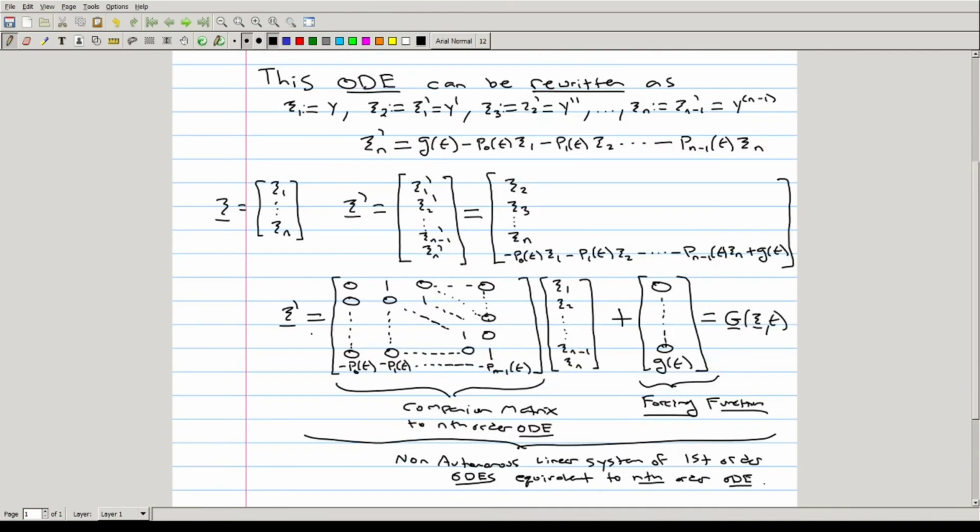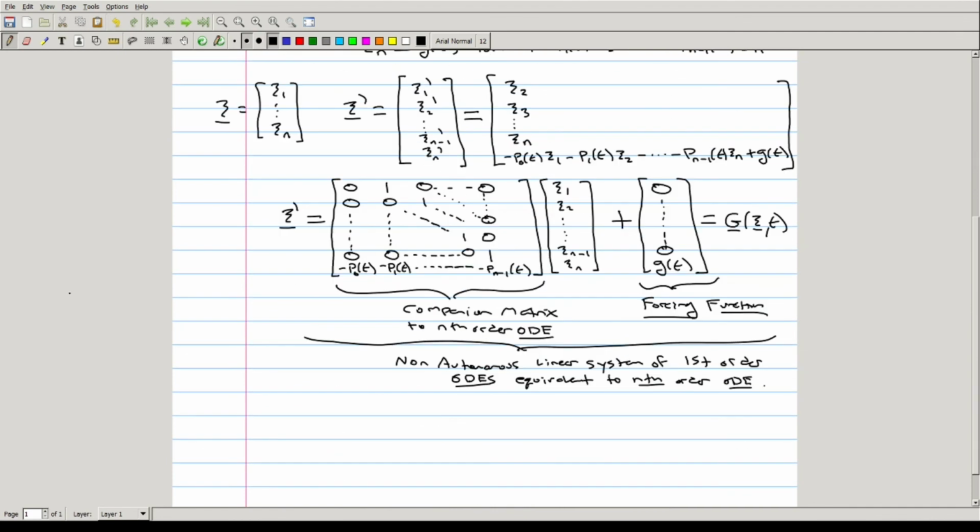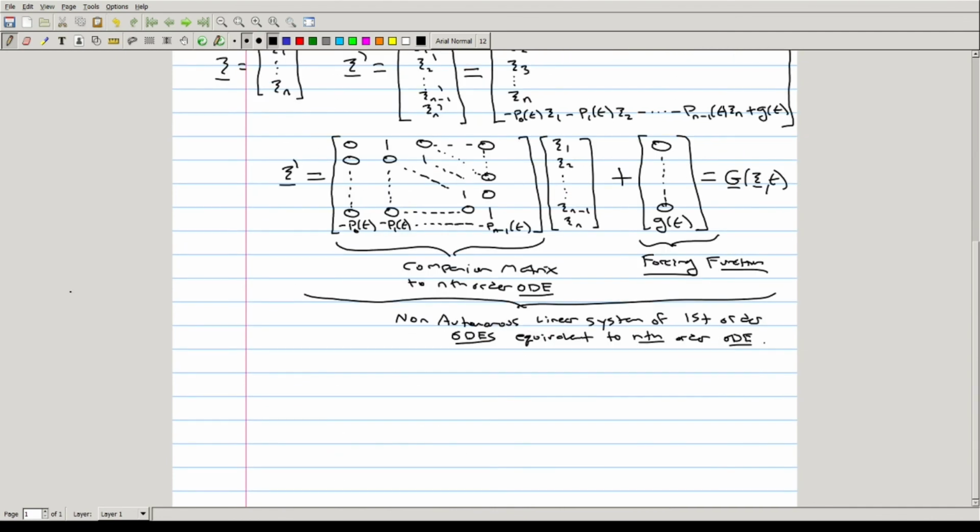Which means that if we can solve this linear system, we can solve this nth order ODE, and the solutions between the two should match up and give us some similarities. And sure enough, we're going to see a lot of different similarities.